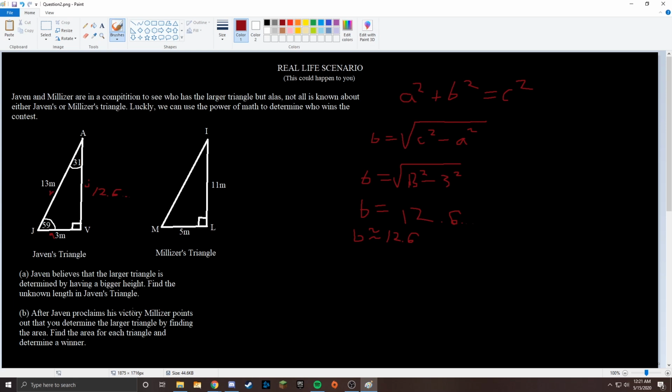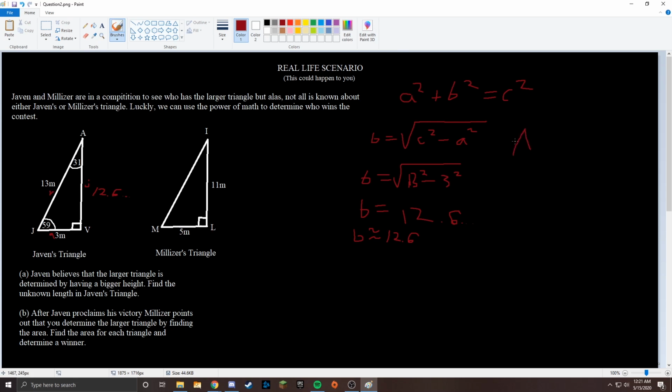So after Javen proclaims his victory, Meliza points out that you determine the larger triangle by finding the area. Find the area for each triangle and determine a winner. Unlike the last problem, there's a different formula for finding the area in triangles that have a 90-degree angle, so right triangles.